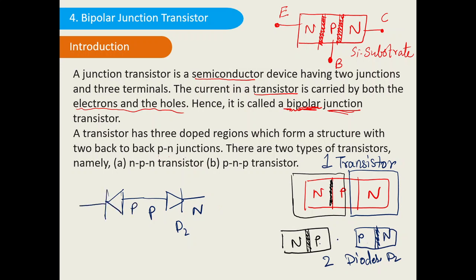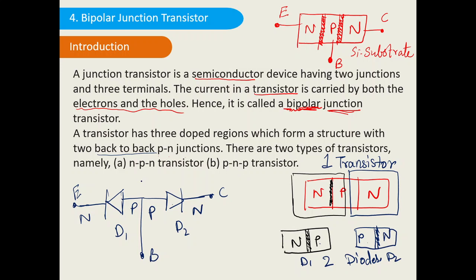Now these P regions are common. So this is diode D1 and this is the N region. So there will be terminals like this. This is the emitter terminal, this is the collector terminal, and there will be the base terminal like this. So a complete transistor is nothing but a replica of two back-to-back diodes connected like this, back-to-back PN junctions.